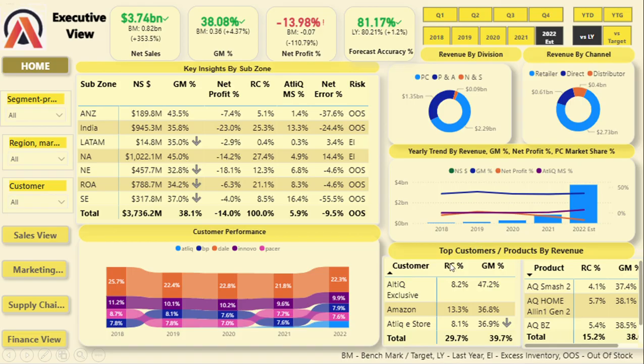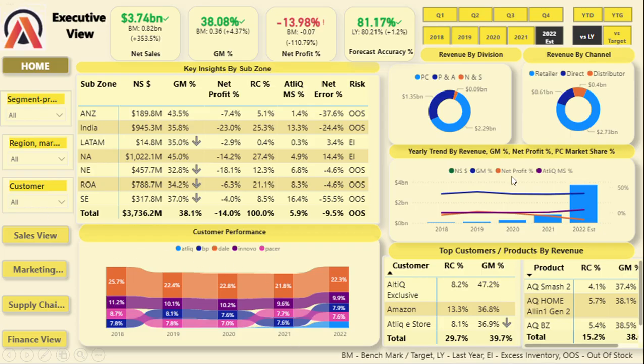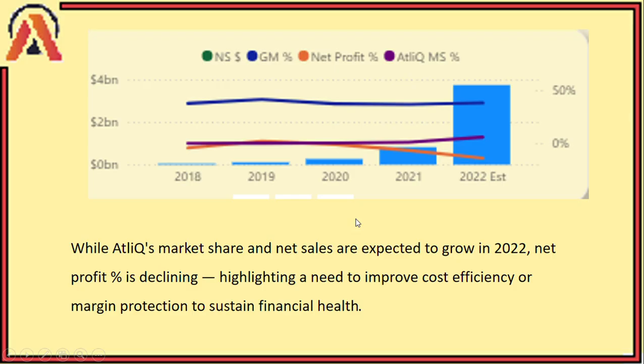And here I have given the top customers and products with respect to net sales, gross margin, and revenue contribution. This figure captures all the necessary metrics with respect to AtliQ's market share.